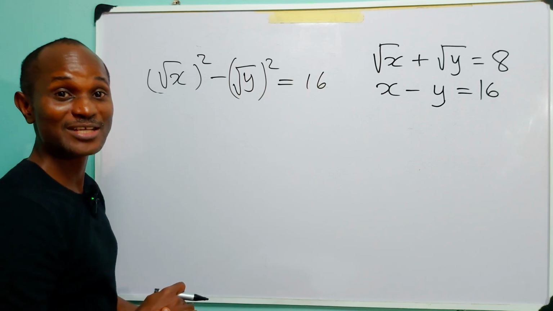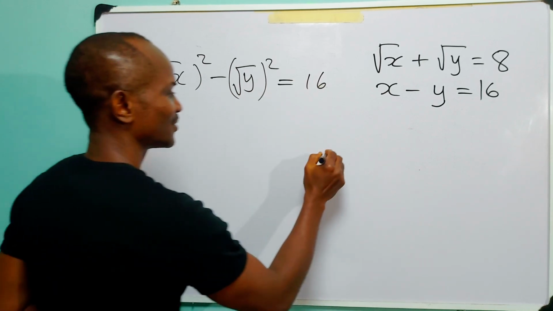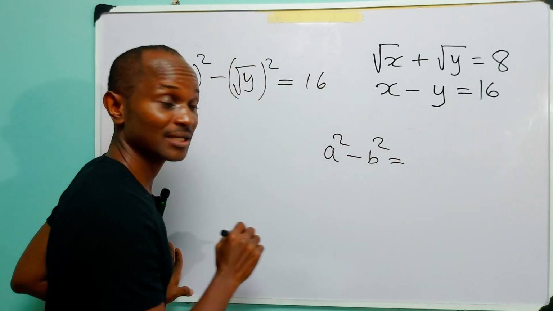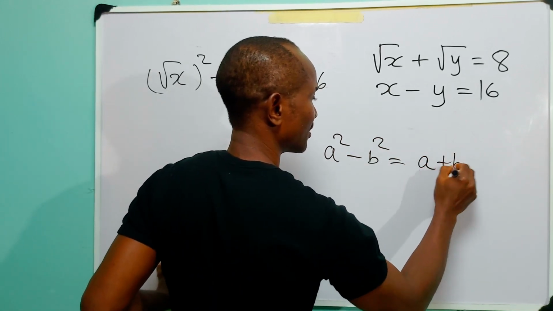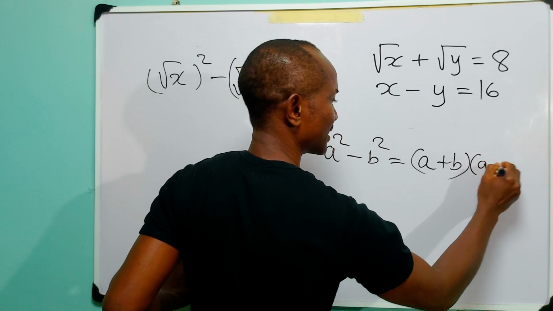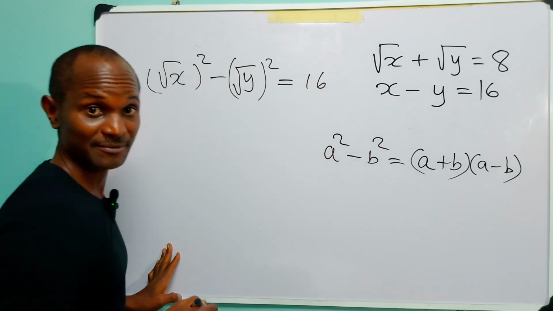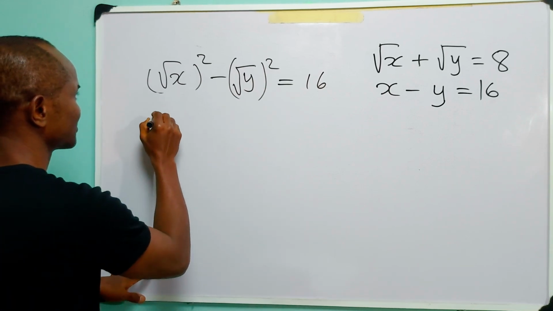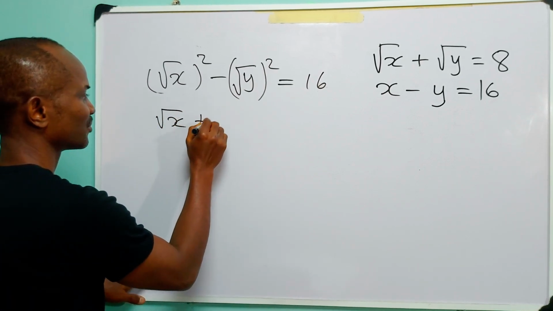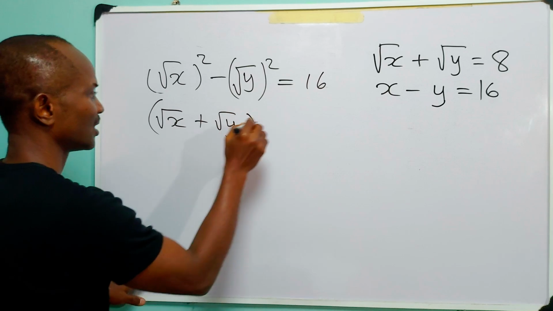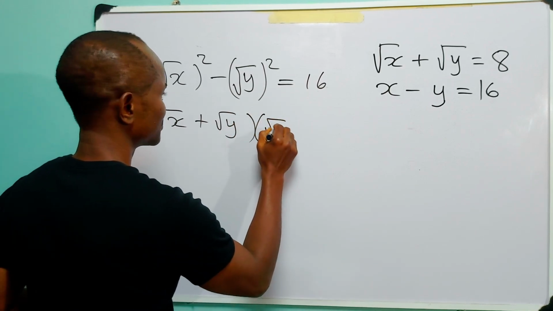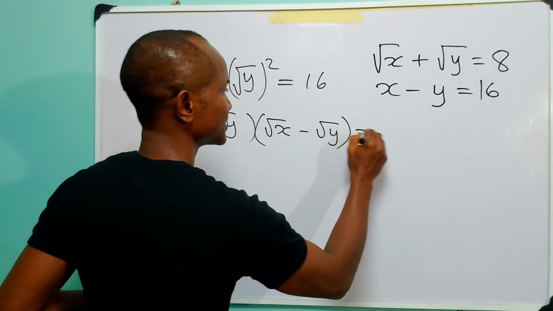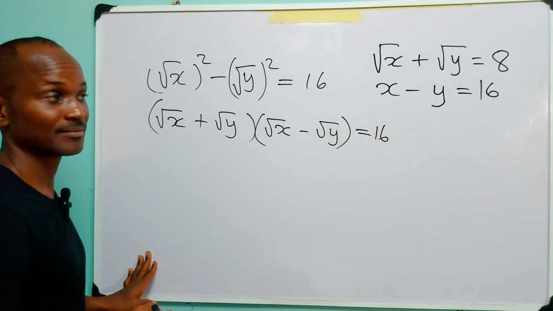So this is the difference of two squares. And you know that when we have a squared minus b squared, this is simply equal to a plus b multiplied by a minus b. So now what we have here is root x plus root y multiplied by root x minus root y, and this is equal to 16.